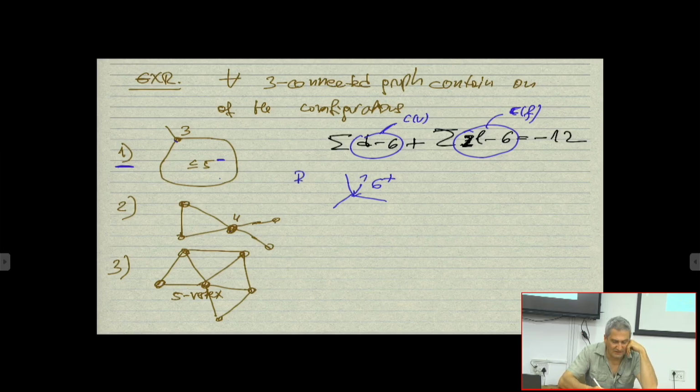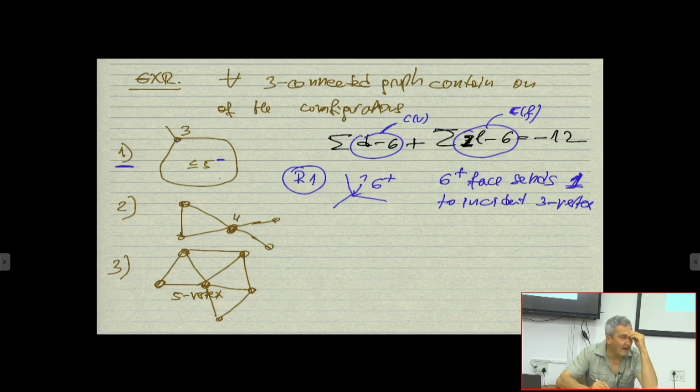This will be my first rule: a 6 plus face sends 1 to an incident 3 vertex.